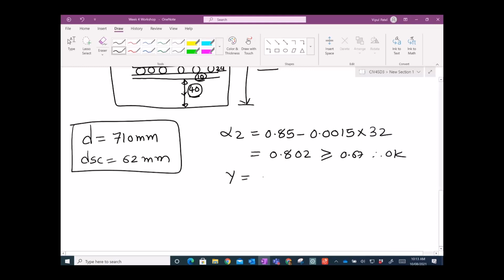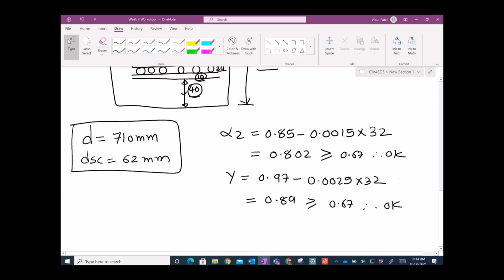And the gamma value is 0.97, take away 0.0025 times 32, you got 0.89, which is greater than 0.67, therefore it is okay.